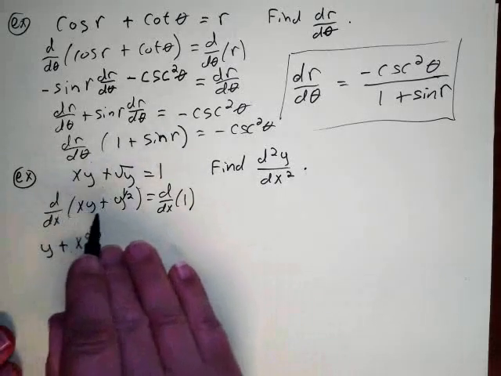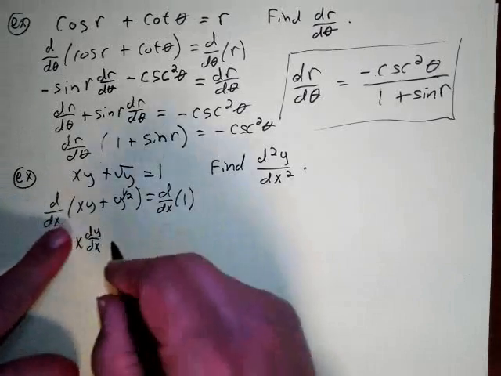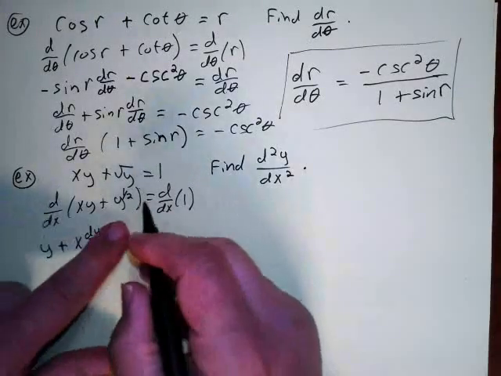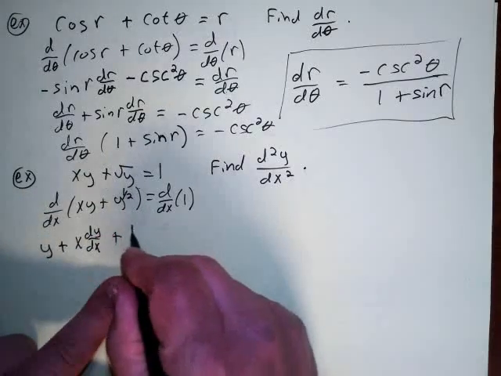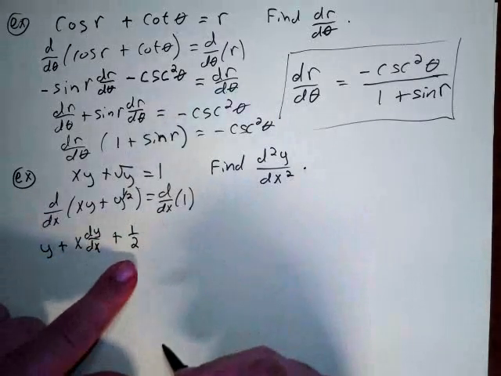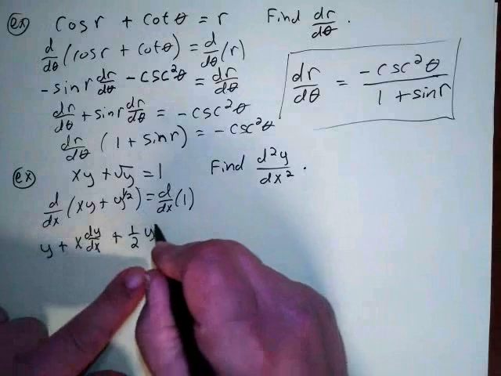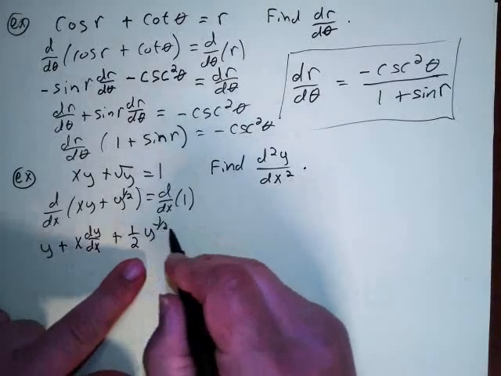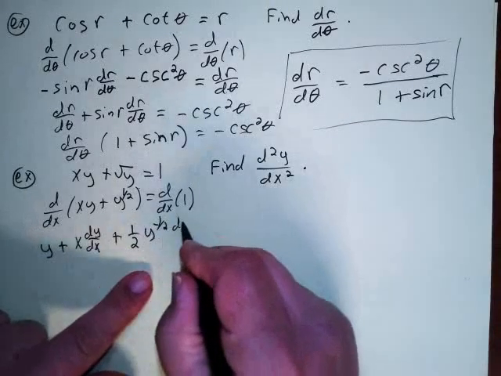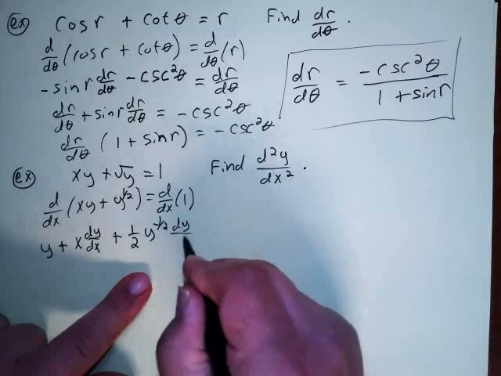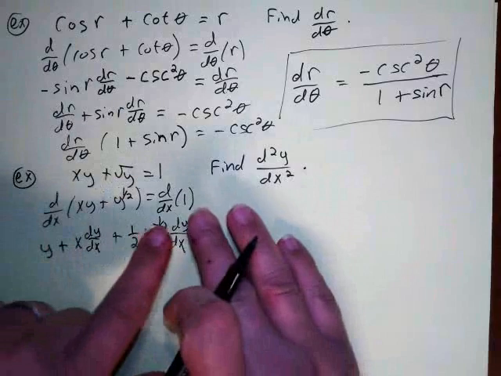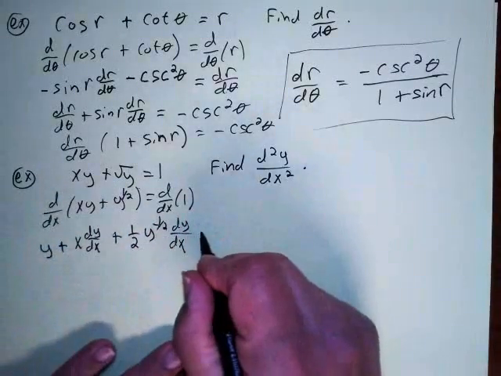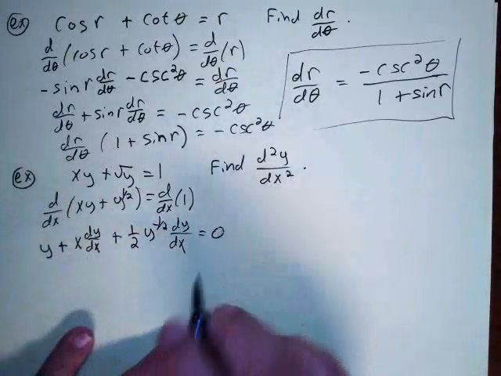And so that's the product rule on this, and then plus, now I'm going to take the derivative of y to the 1/2. So I'm going to bring down the 1/2, here, and then y to the negative 1/2, but then I have to take the derivative of the inside function, which is dy/dx. So that's all of this. Now this is just equal to 0.